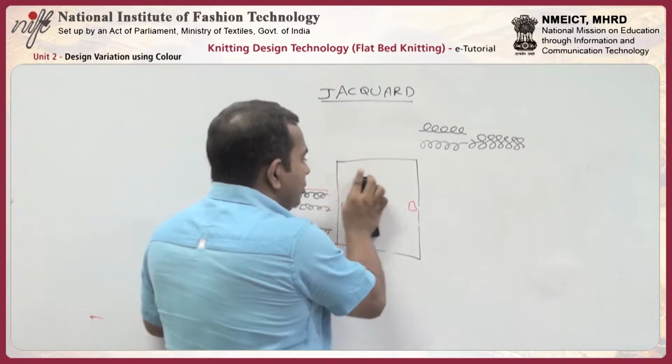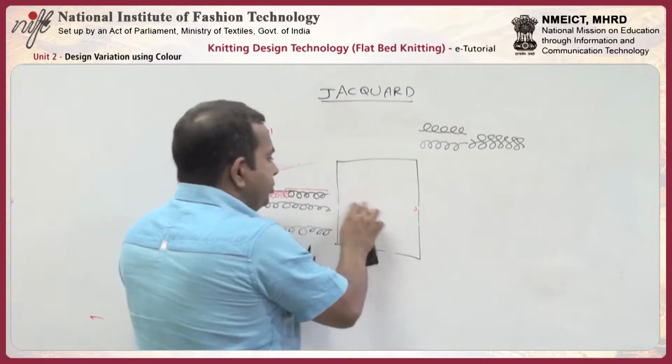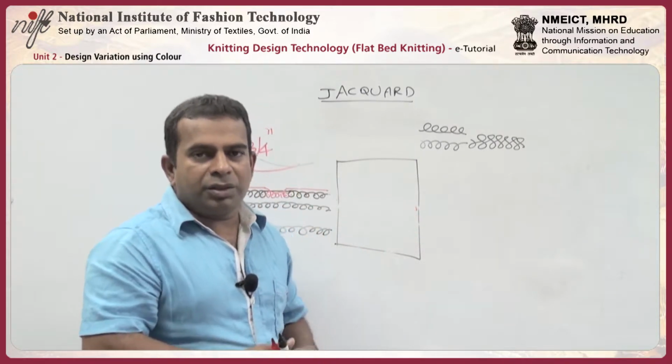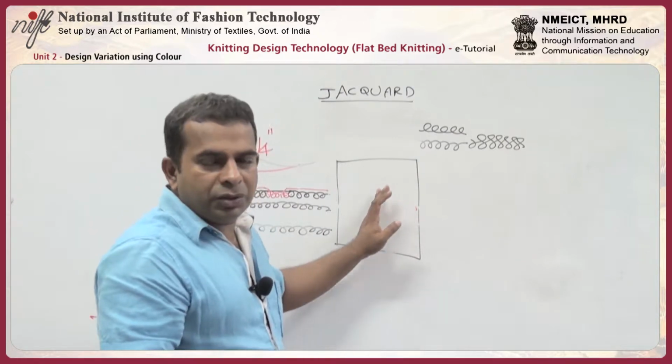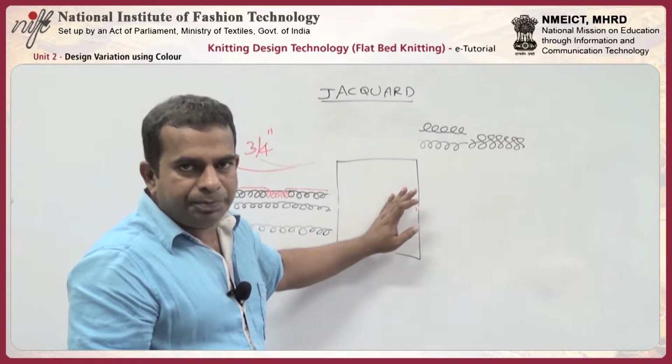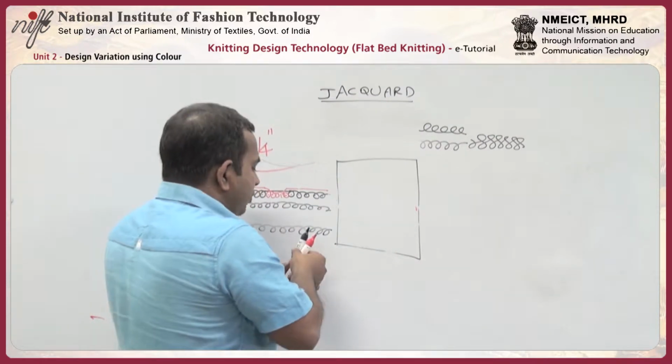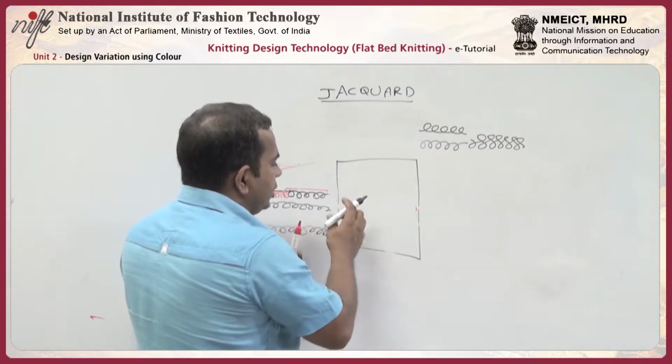Now let's say we need more colors. In tubular jacquard, we saw 2 colors are possible. We want more colors in it.